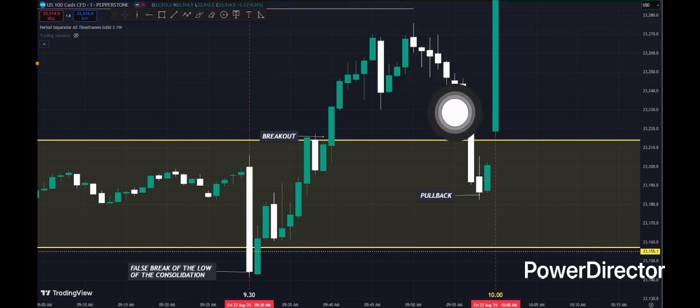So we are dumping down into that news release. 959 engulfs the 958 candle, and we open on a gap up for that news release and catapult, okay? And you have to be careful here. I managed to get in somewhere right around here and take this thing up higher, but you got to be careful, especially if you are like me trading on a live account.